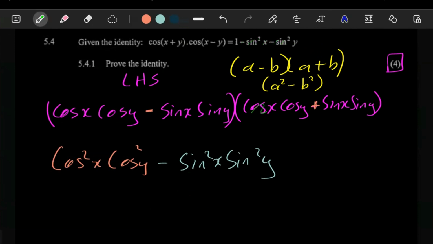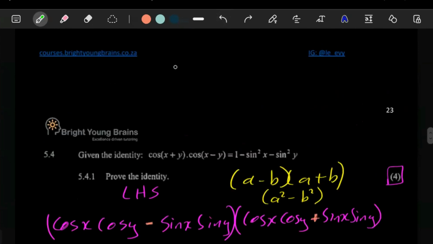But it seems like there's no cos anyway, so let's change the cos's, you see? So this is like the cos here. Remember the square identity. The square identity says sine squared x plus cos squared x is equal to 1.